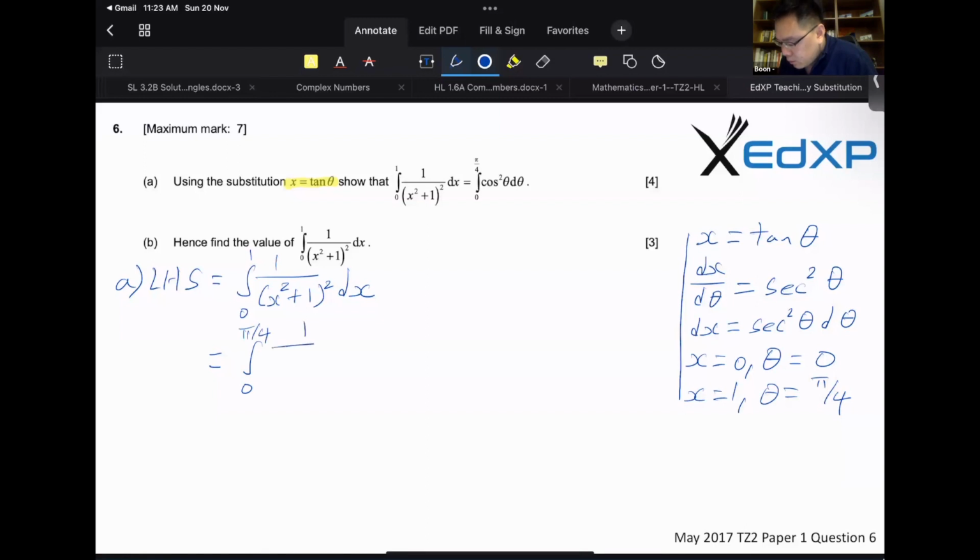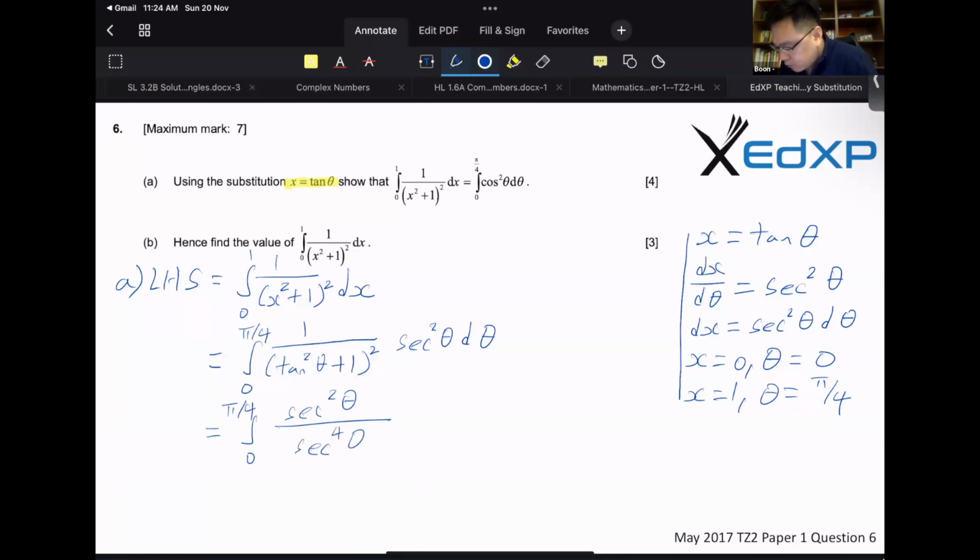Now, the denominator is (tangent squared theta plus 1) squared. This is very familiar. You should know this is a trigo identity. And dx, I want to replace with secant squared theta d theta, as I have shown on my right-hand side. This simplifies to secant squared theta over, tangent squared theta plus 1, whose trigo identity is actually secant squared theta.